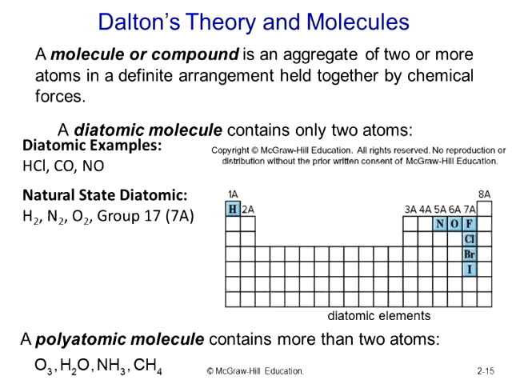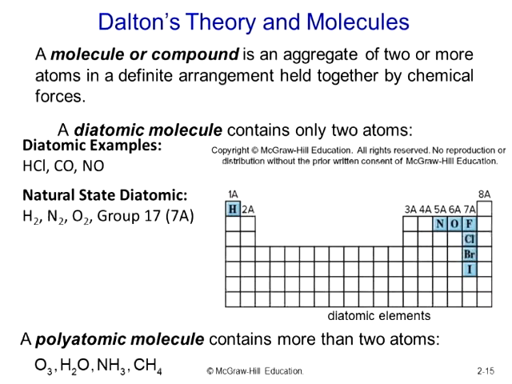Now, a diatomic molecule contains only two atoms, and that's important to understand. You're going to hear the word diatomic used somewhat interchangeably. If it's two elements together, that is a diatomic molecule. For example, HCl is a combination of hydrogen and chlorine, therefore it is a diatomic, two atoms together. Carbon monoxide is a diatomic, one carbon, one oxygen.